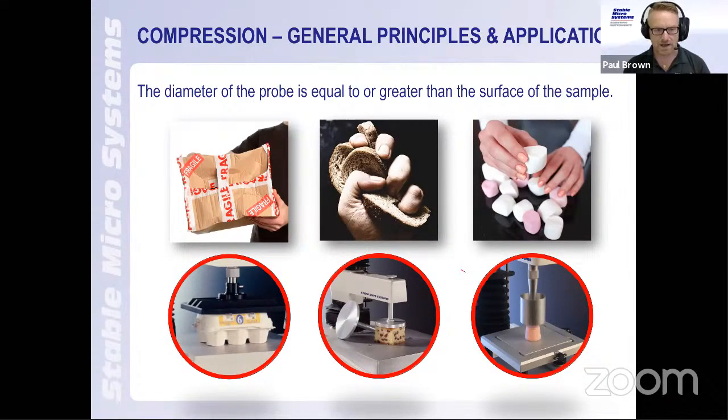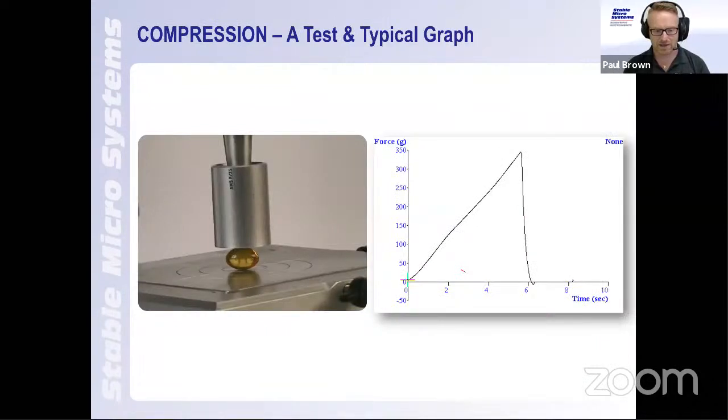So here is a very easy and quick example. So the probe comes down, touches the top of the sample, fails, and the probe returns to the start. This is a simple graph, and you're going to see this throughout the presentations. We have a force time graph, XY axis.